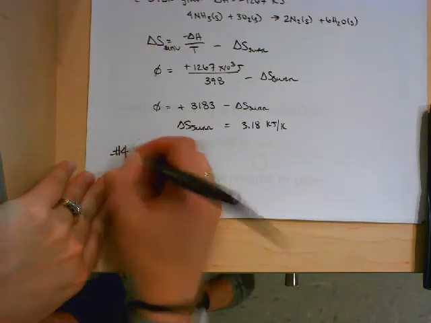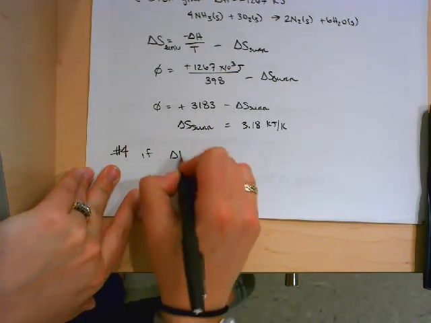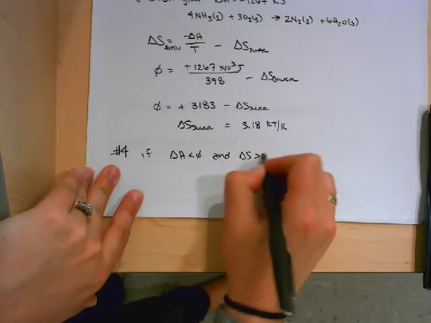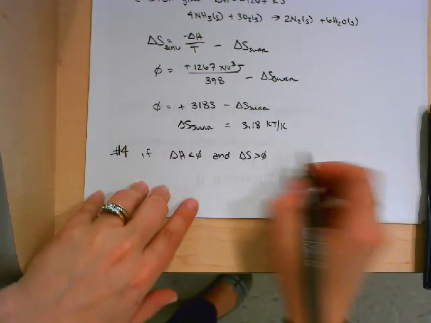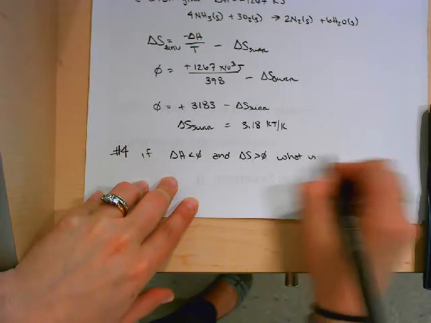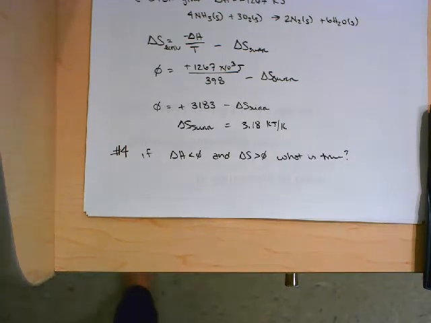Number 4 is a similar question. Alright, so let's say the delta H is negative and delta S is positive. What do we know about its spontaneity?